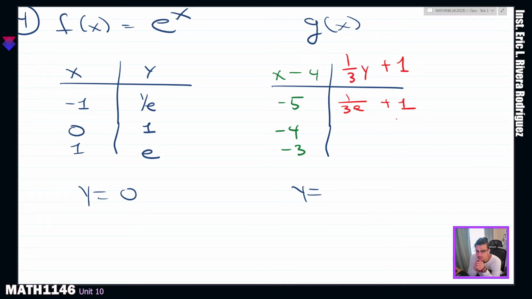Okay. What is the y value when x is equal to -4? So you take 1 and you multiply it by 1/3, and then you add 1.